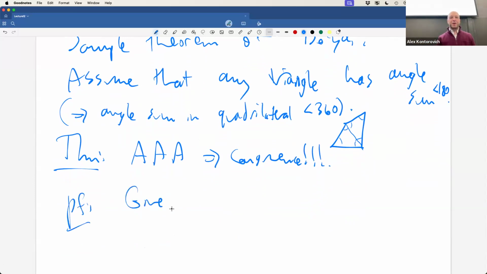Okay, so we're given three triangles. Let's call them ABC, and I'll draw DEF, and I'll try to draw DEF to have the same angles, but slightly bigger.